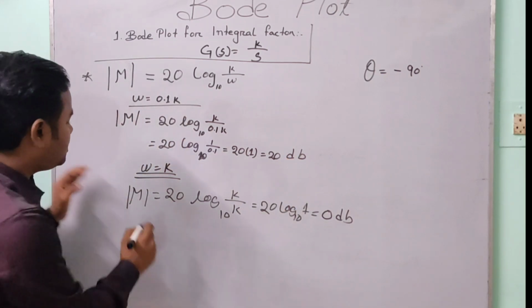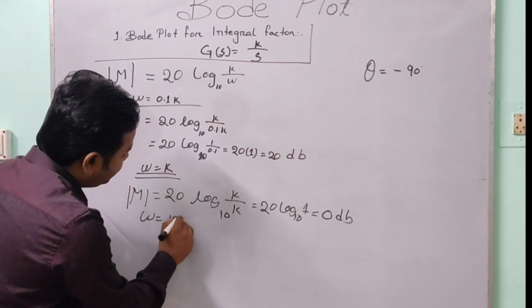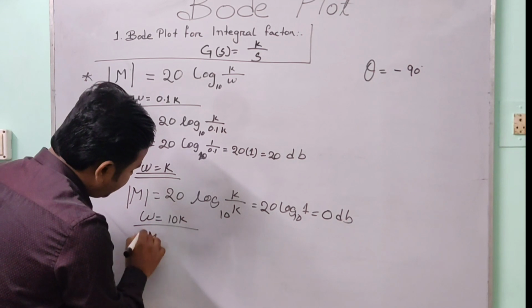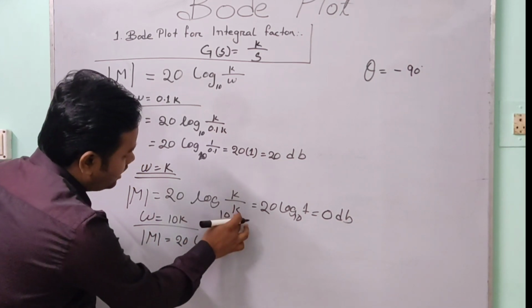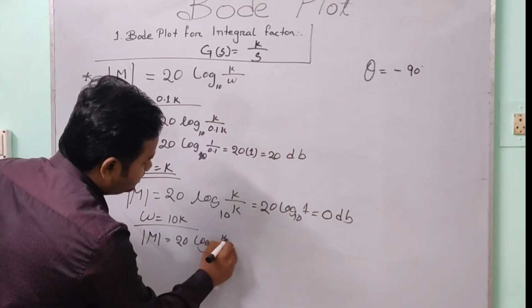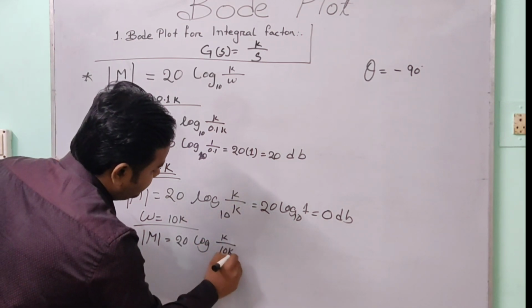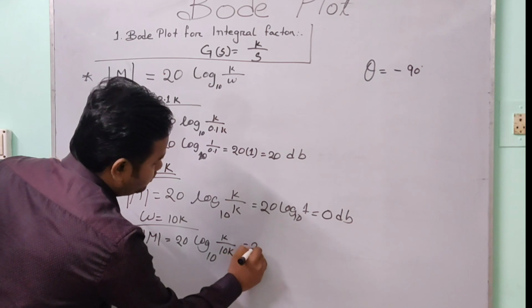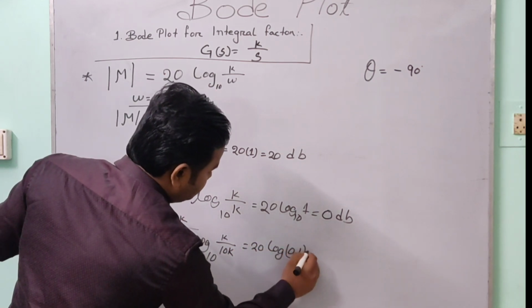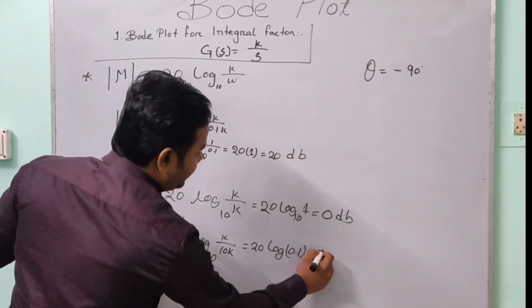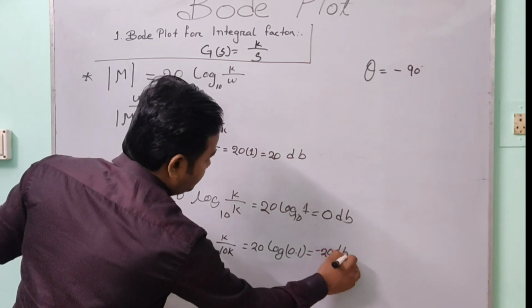Next, if we put omega is equal to 10k, then M is equal to 20 log k divided by 10k, base 10, which is equal to 20 into log 0.1, so the value is minus 20 decibel.